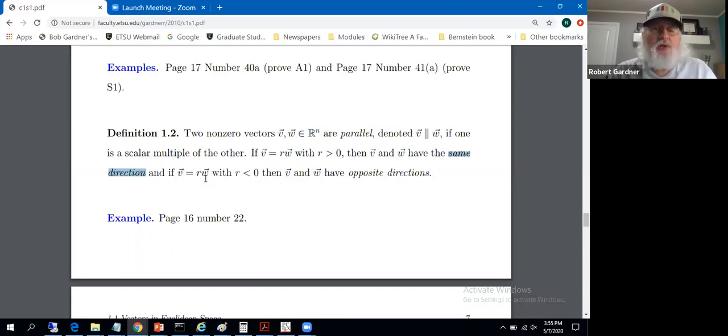If that scalar multiple, v equals rw, that scalar r is negative, then they're said to be parallel with opposite directions. So this isn't a universal thing, but Fraley and Beauregard are distinguishing between this kind of parallel and this kind of parallel. Parallel with opposite directions, parallel with the same direction in terms of vectors.